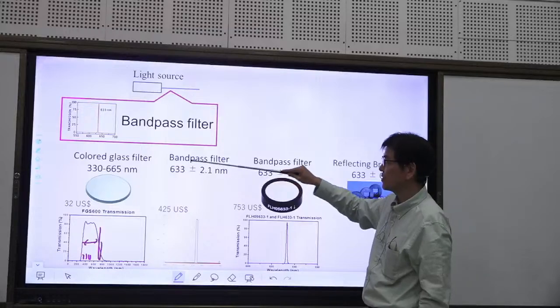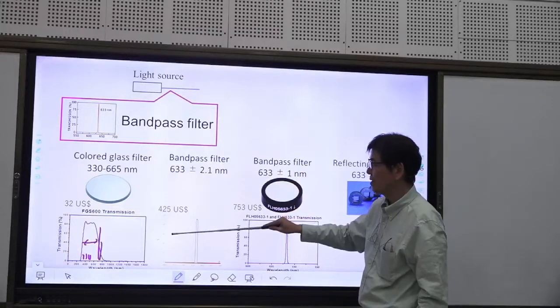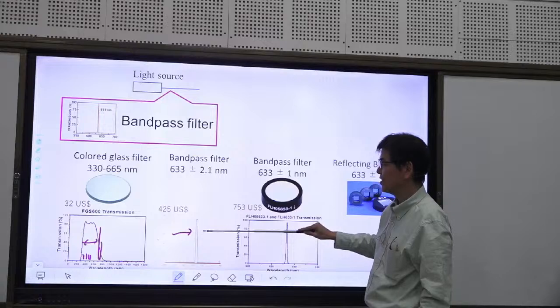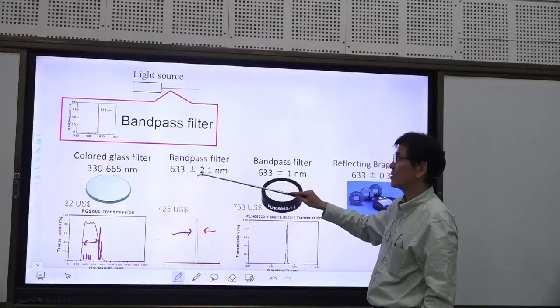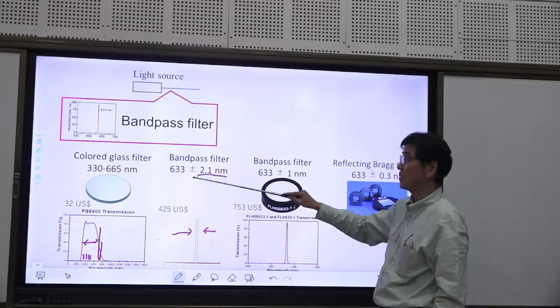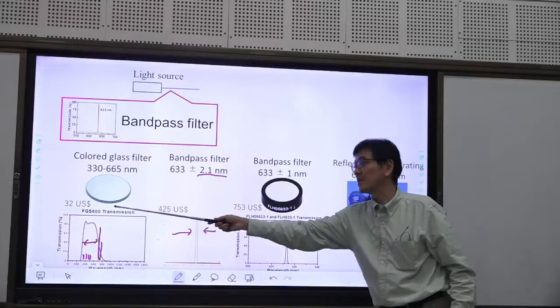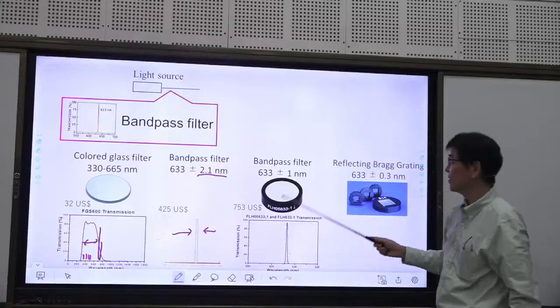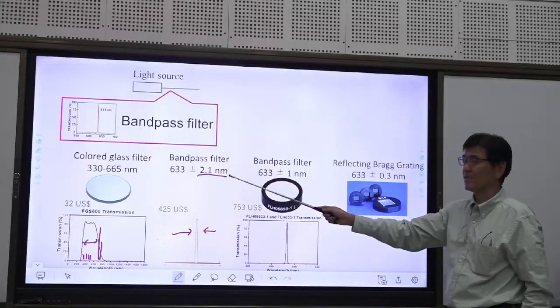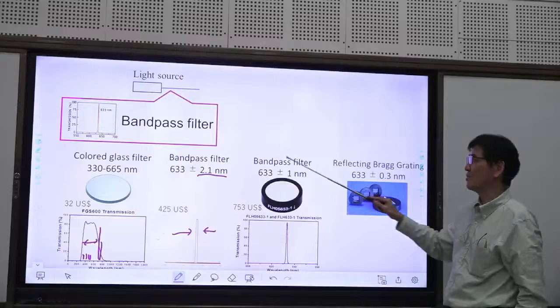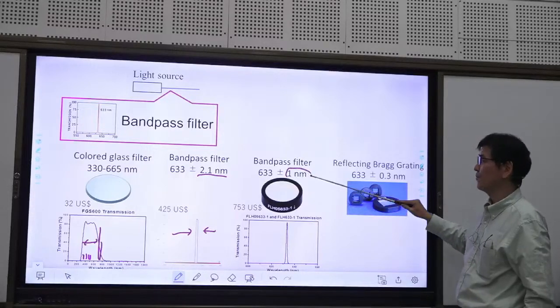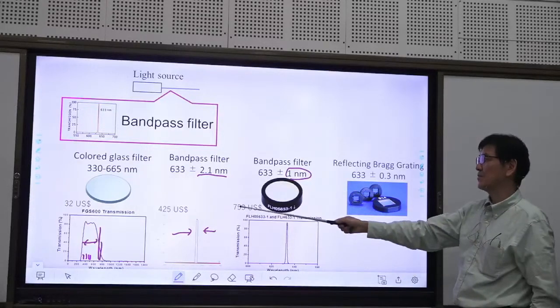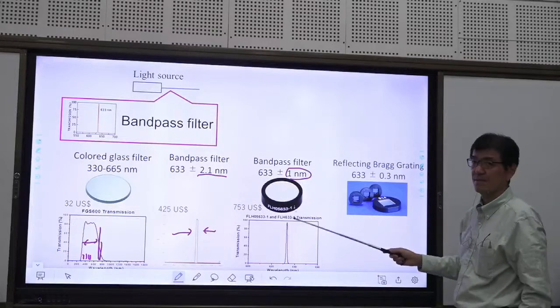If the bandwidth of the transmission region is plus minus 2.1 nanometer, prices become 10 times larger, $425. Okay, I'm not satisfied with this. I want to make it narrower. Price is $753.